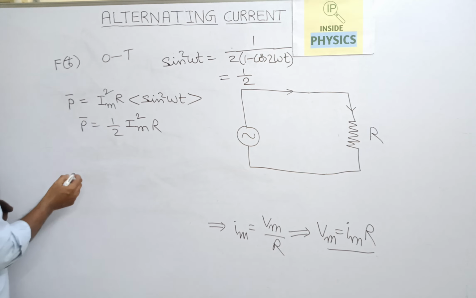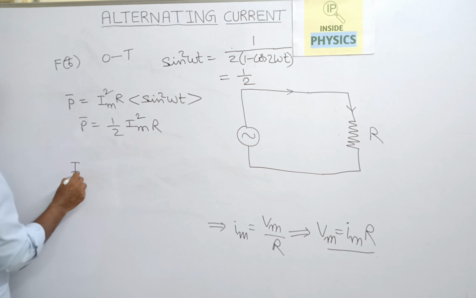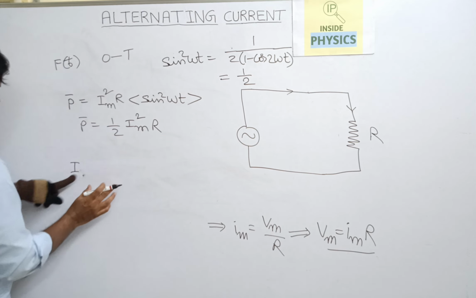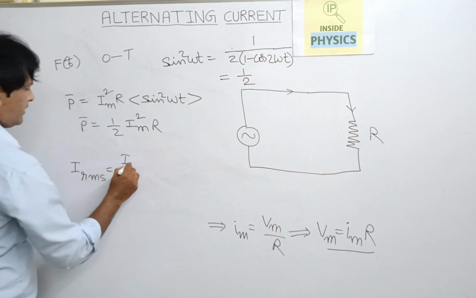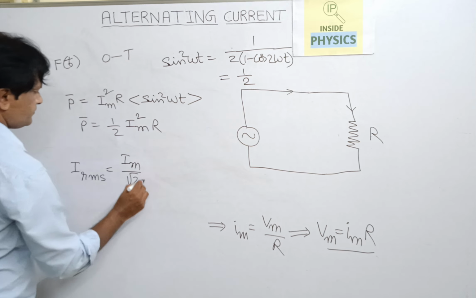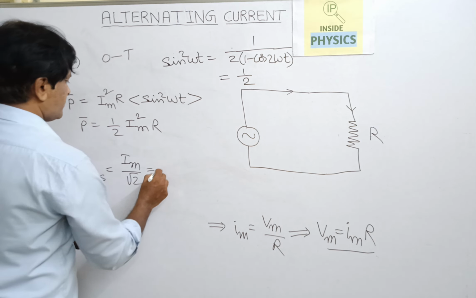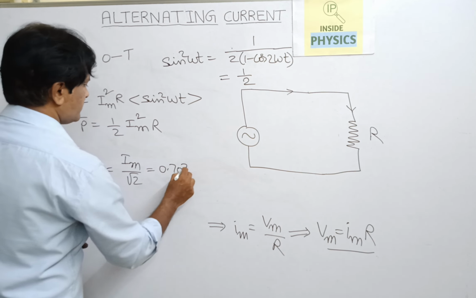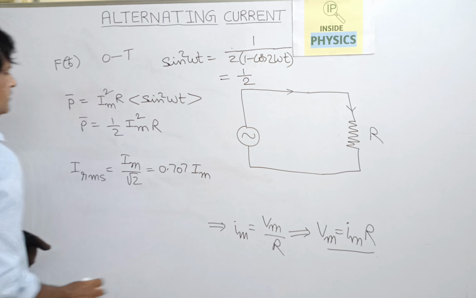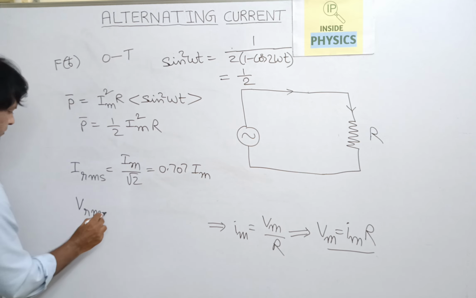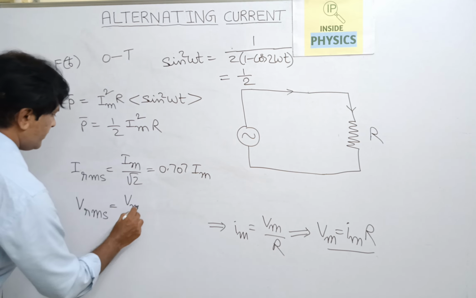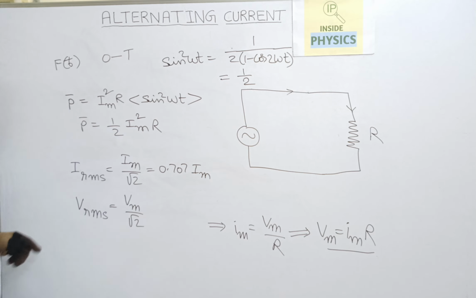For example, I RMS is equal to I m by root 2, which is around 0.707 I m. In the same way, the root mean square voltage is also V m by root 2.